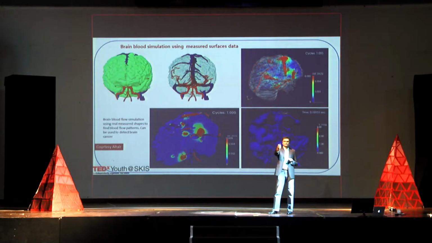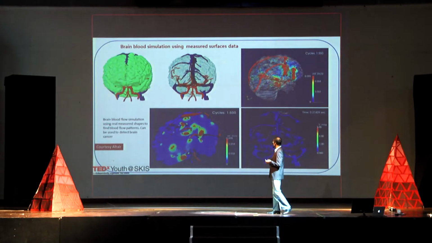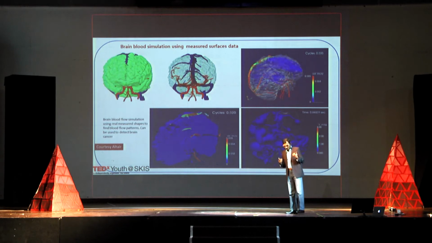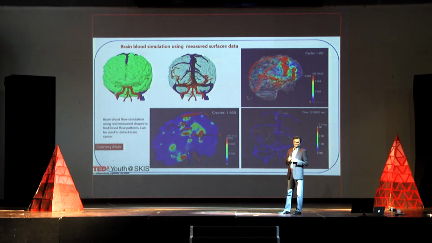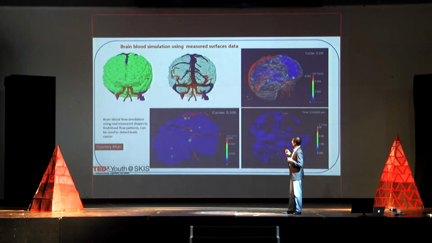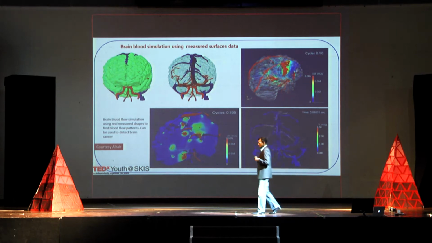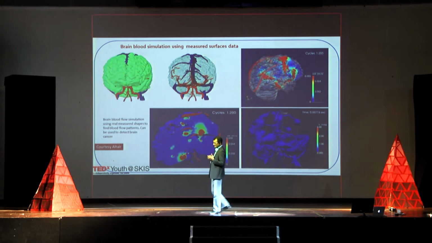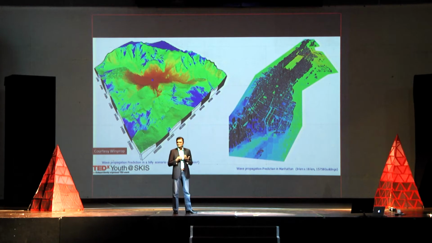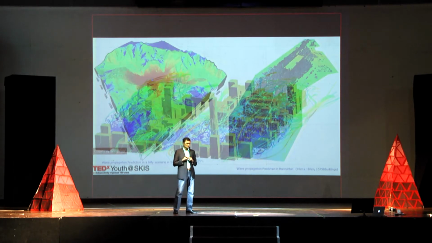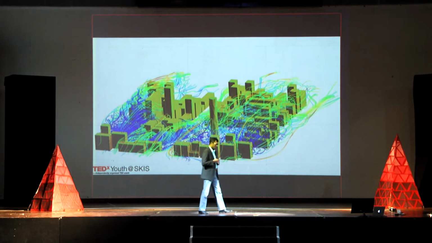the body condition. So it's not only the static tissues, you can also carry out blood flow simulation. By understanding the blood flow pattern in your brain, you can figure out if there are any symptoms of cancer, tumor, or damages.